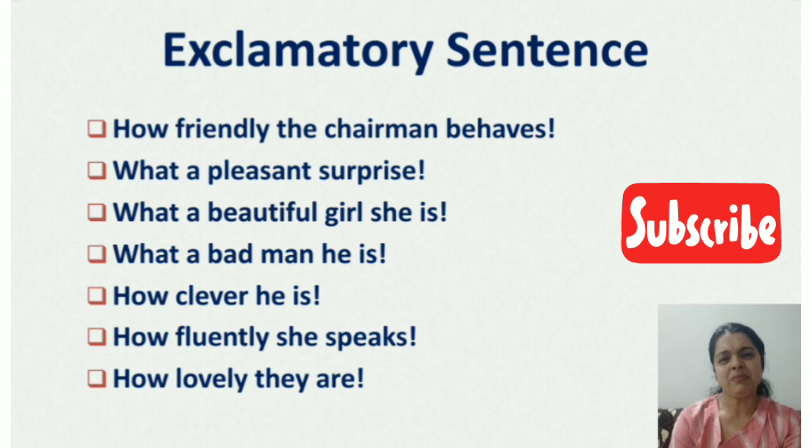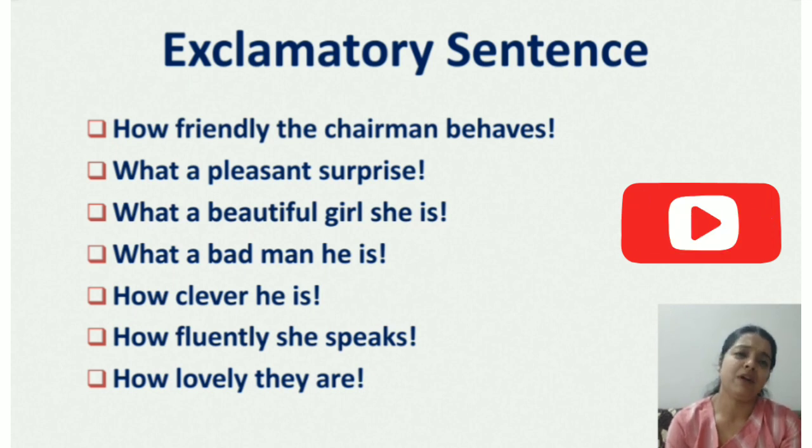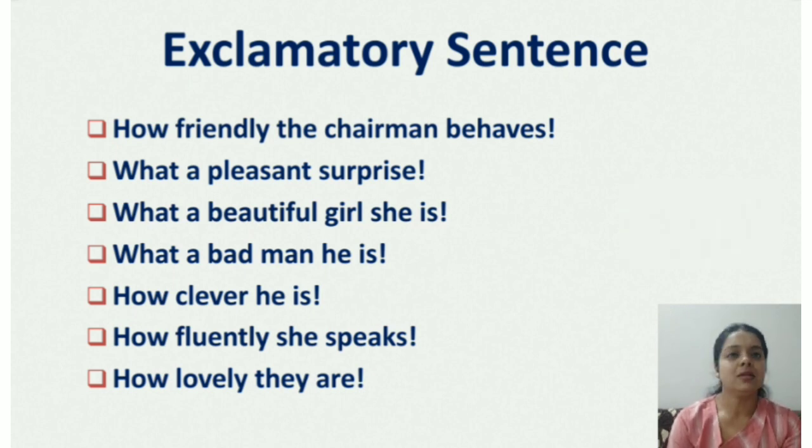Sometimes students find it very difficult to find out what exactly the subject in an exclamatory sentence is. So let me see. How friendly the chairman behaves. Who behaves? The chairman. What a pleasant surprise. What? Surprise, or pleasant surprise.